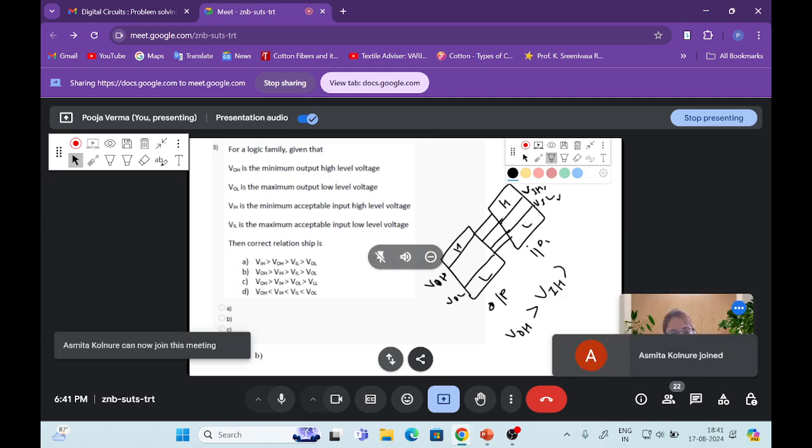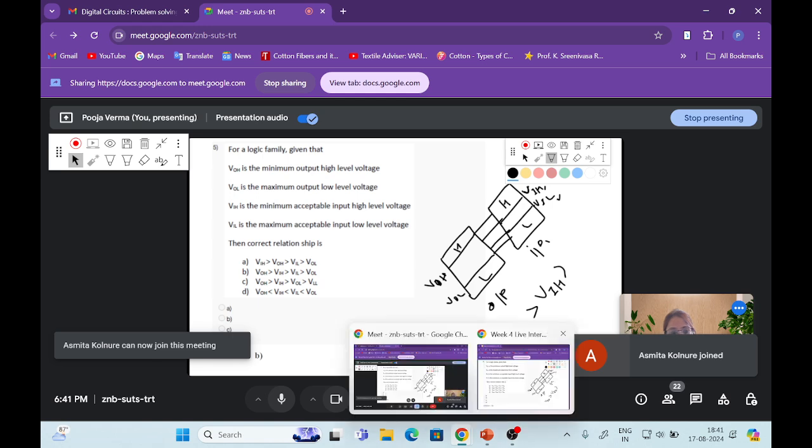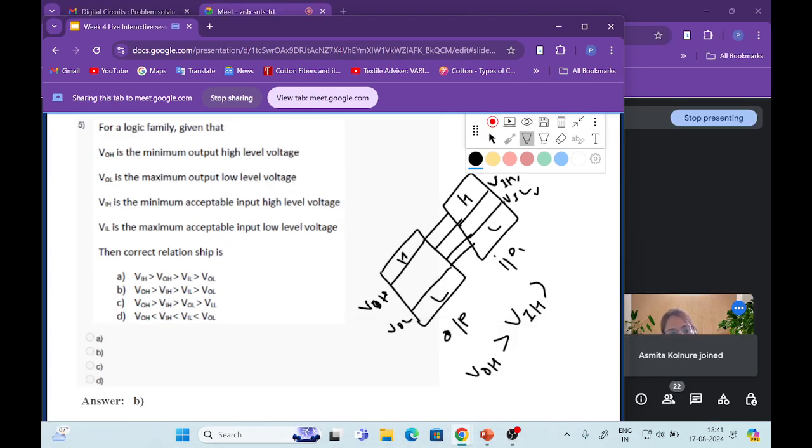Then from the figure you can tell this is the input voltage at low level VIL, then VOL is the lowest.